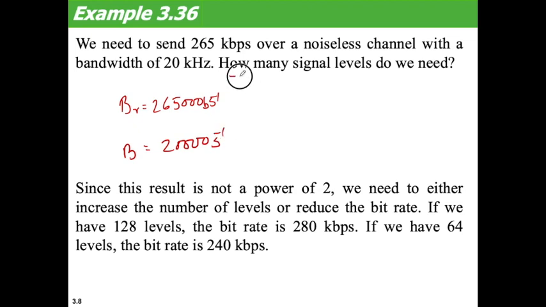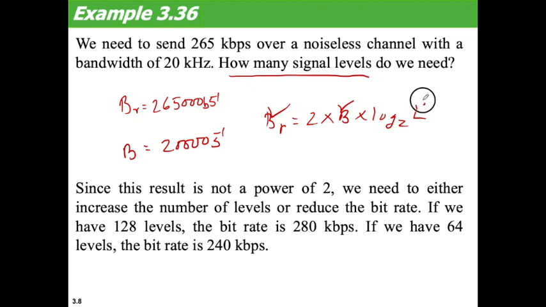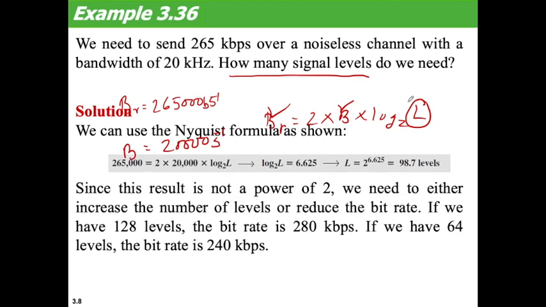Now the question wants you to calculate the number of signal levels you need. So we can use the Nyquist formula, which is BR equals 2 into B into log 2 base L. So you have the BR, you have the B, you need to find out the L, right? We can easily do it. Now think about it, because this number is not a power of 2, in the log, as we have base 2, we will not get the correct levels.